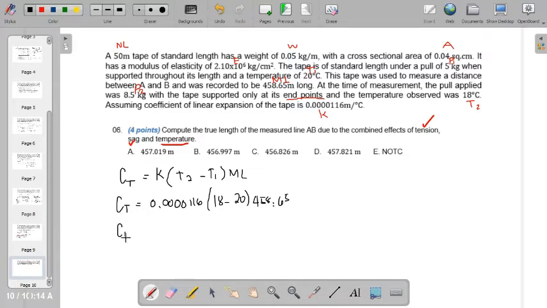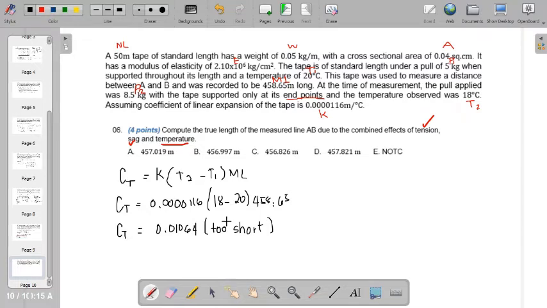All right, C sub T is simply equal to 0.01064, and that is too short. Why too short? Because it's negative. Even if we don't put the negative sign, as long as we put a remark that this is too short, then it's acceptable.